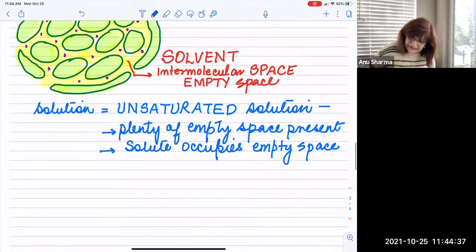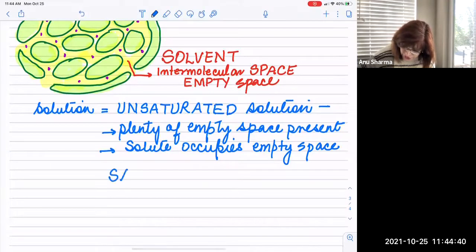Next is the saturated solution. What is a saturated solution?